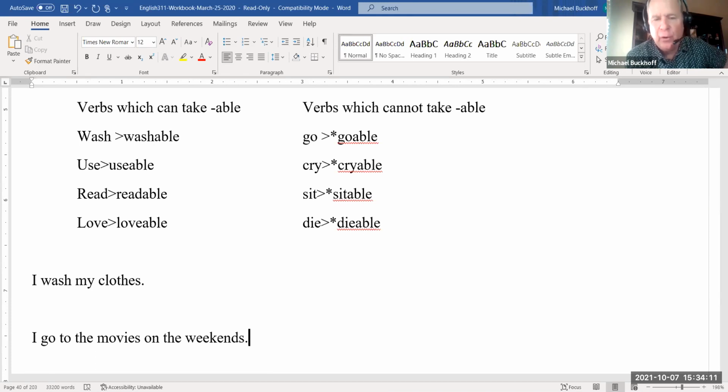And if you think about go, cry, sit, and die: I cried at the movies. I sit in my living room with my family sometimes, or the soldier died in the battle. So it looks like go, cry, sit, and die do not take direct objects. They take prepositions. Does anybody know what kinds of verbs those are?